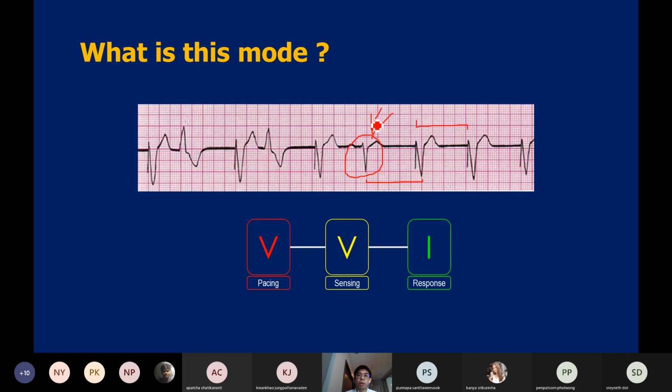But after this intrinsic beat comes, if there is no second intrinsic beat at the lower rate we have programmed, the pacemaker would pace. So we know that this QRS is sensed because the duration between the intrinsic QRS and the paced QRS is the same as the rate between the paced QRS, this one.